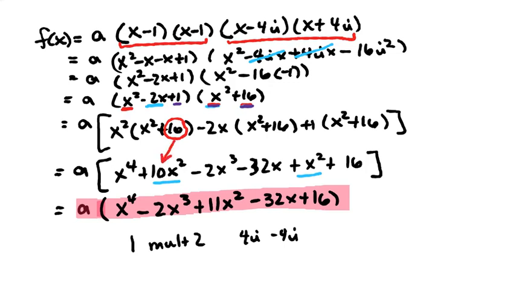So this number here would be a 16. And that means that when I combine like terms, instead of this being 11, this would be 17, 16 plus 1. So the polynomial function is x to the fourth minus 2x cubed plus 17x squared minus 32x plus 16.